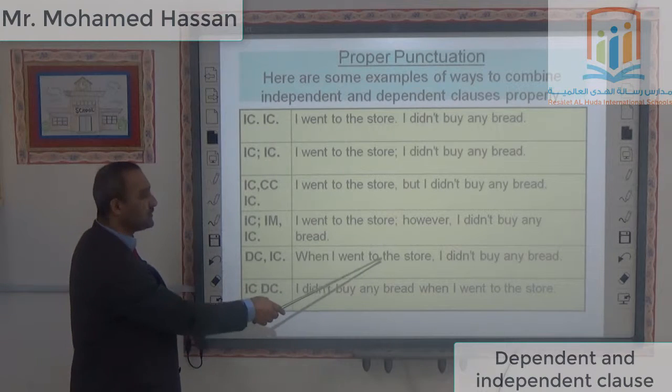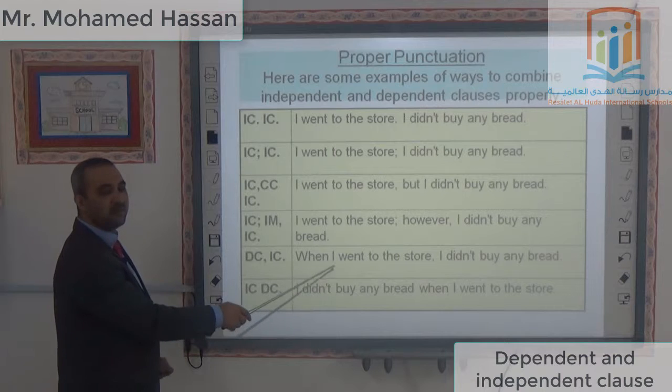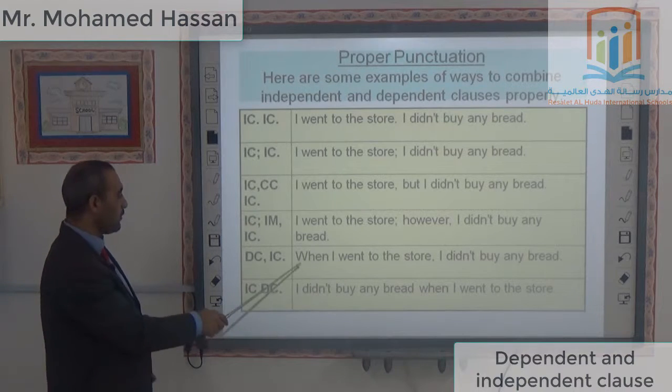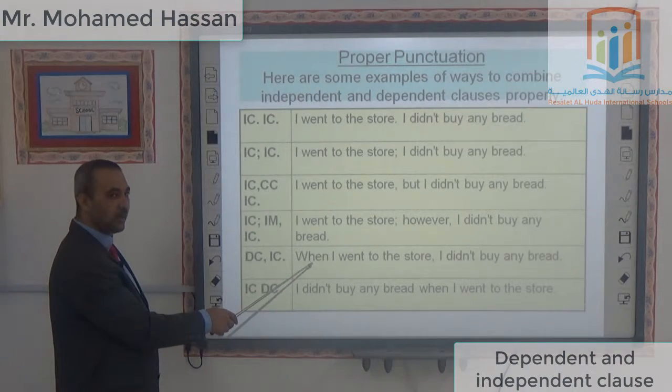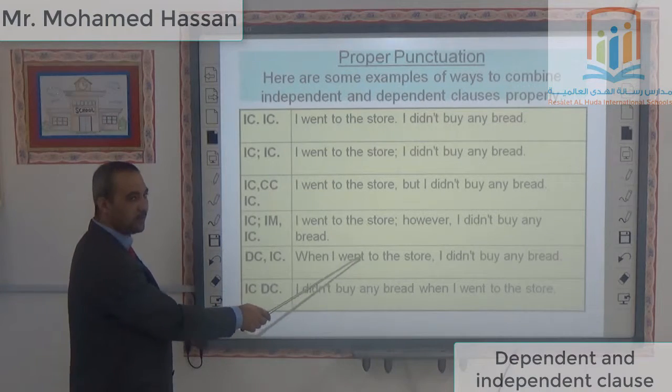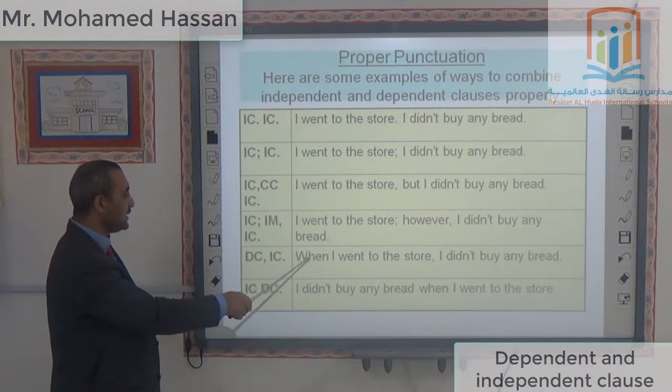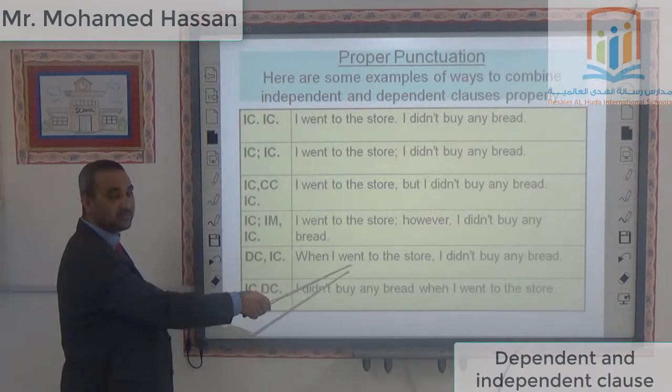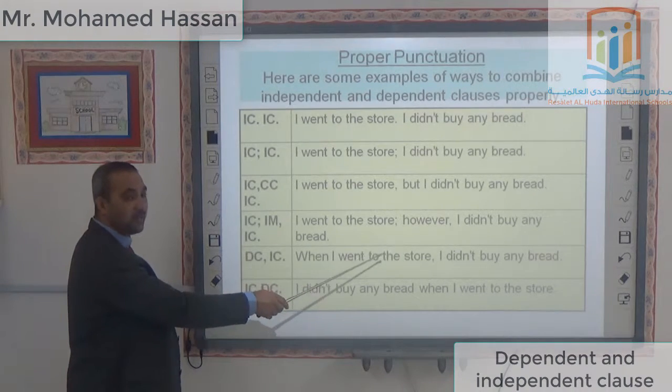Okay, when I went to the store, we call this a dependent clause because we have when, a subject, a verb and an object, but you can't say this is a complete sentence. It doesn't give you a complete meaning.